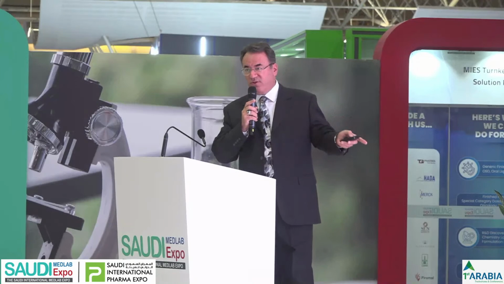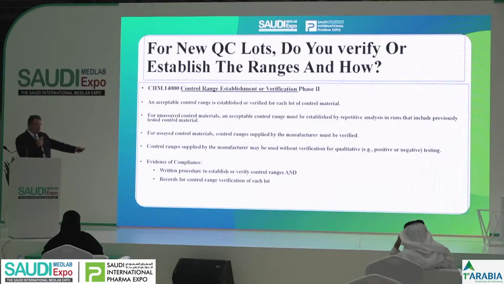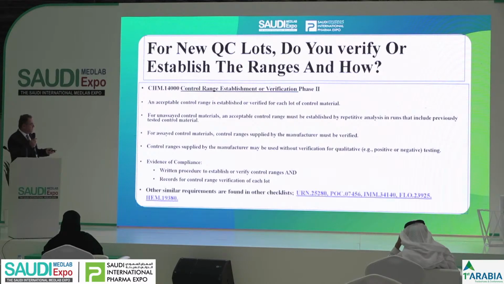And in order to comply with the standard, you need to have a procedure and you need to have a record of control validation or verification of each lot. Similar requirements are found in other checklists, like the urinalysis checklist, point of care, immunology, flow, and hematology.